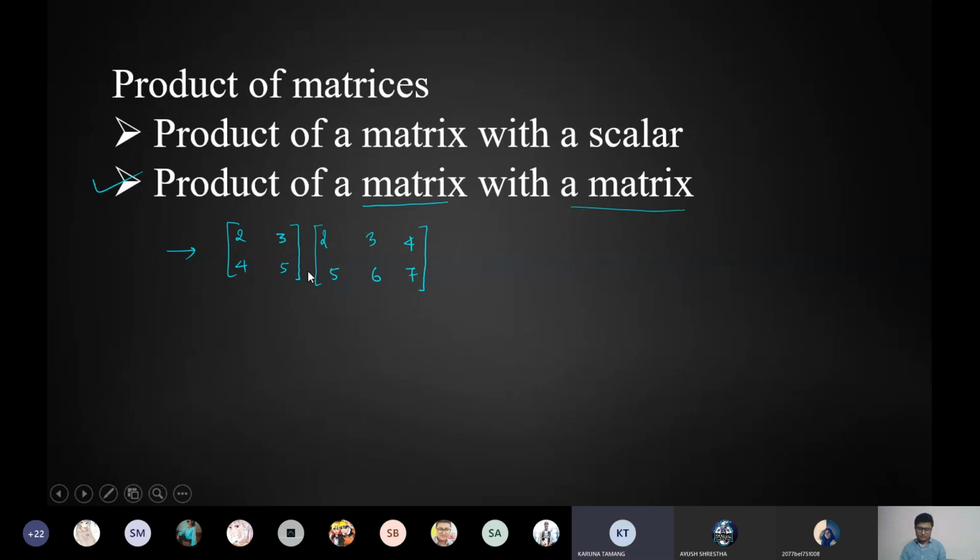Invite Binisa Mahat. Binisa Mahat. Yes sir, just wait for a while. Okay, let me add Binisa Mahat.